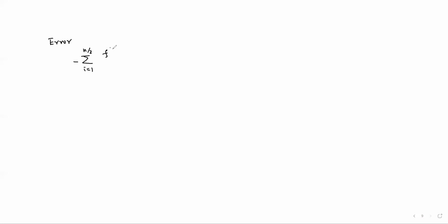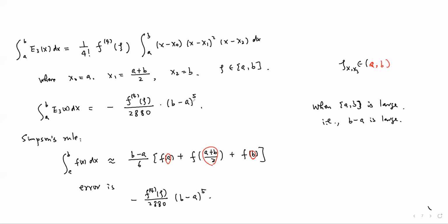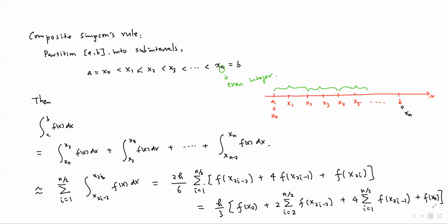And f fourth derivative at psi i, where psi i is in the interval x(2i minus 2) to x(2i), times b minus a, the length of the interval.